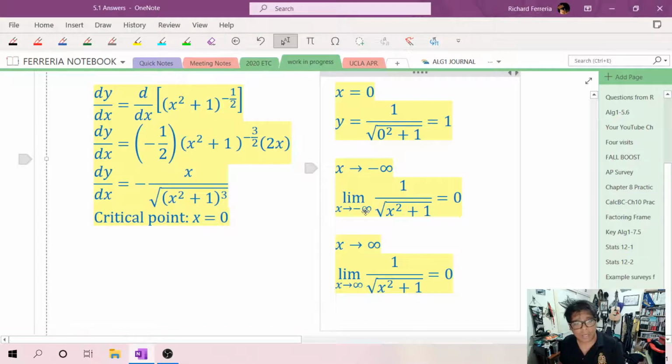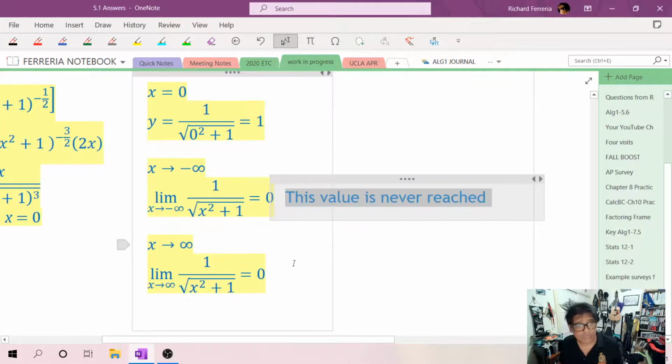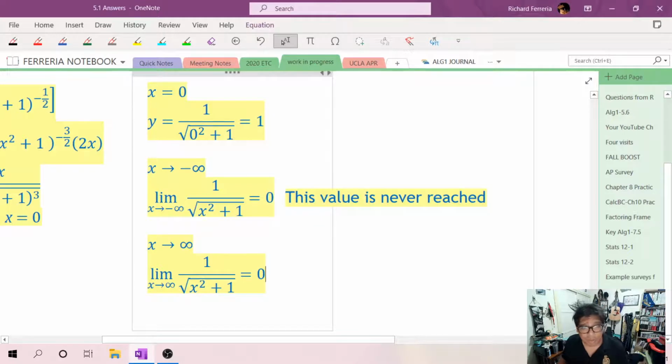So as x approaches negative infinity, this function approaches 0. Of course, that value is never going to be reached. The y-coordinate will get closer and closer to 0, but it will never be exactly equal to 0.